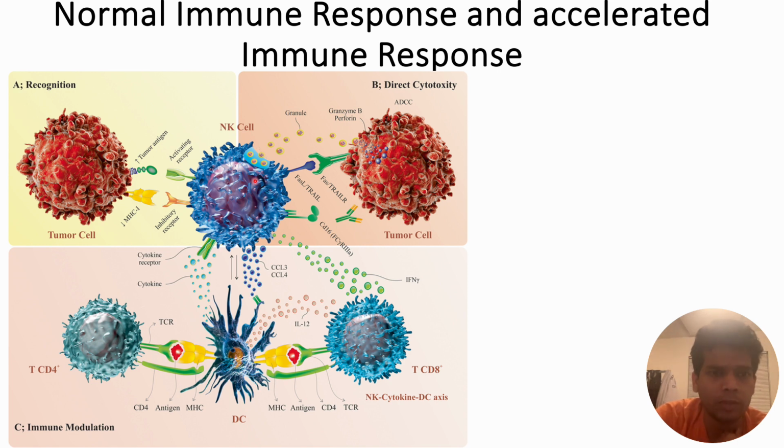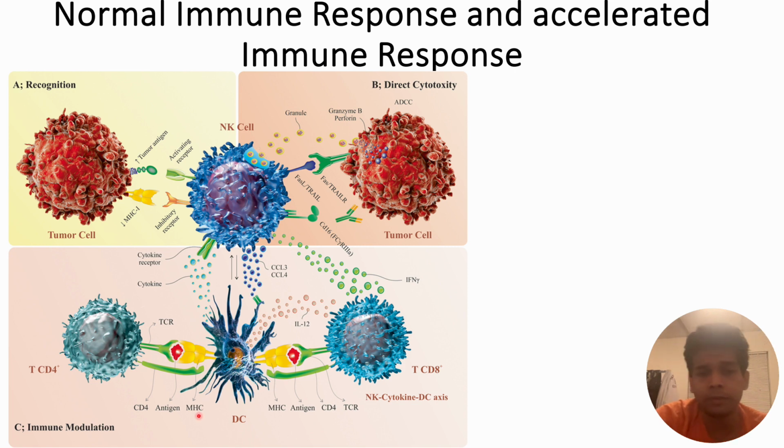Another way is through granzymes or cytokines in general terms that are released by NK cells. These cytokines go inside the tumor cells and upregulate the apoptotic pathways by upregulating the transcription of genes in the nucleus. This is the direct cytotoxicity process.